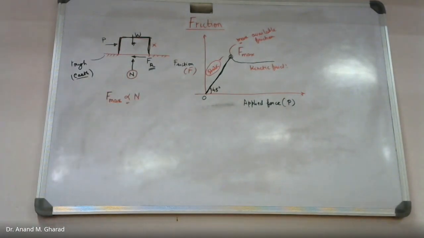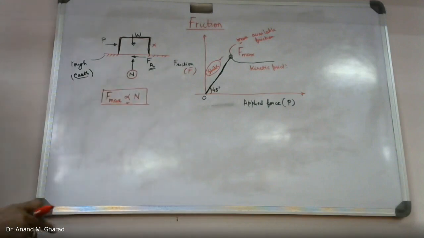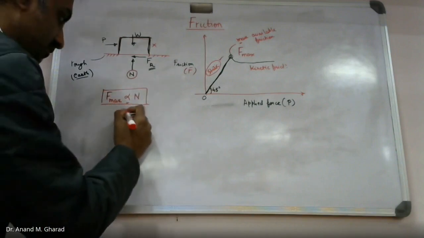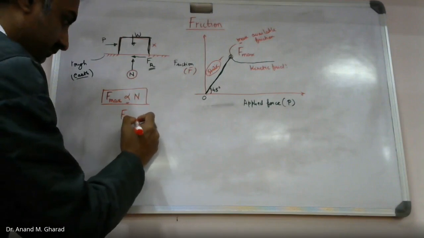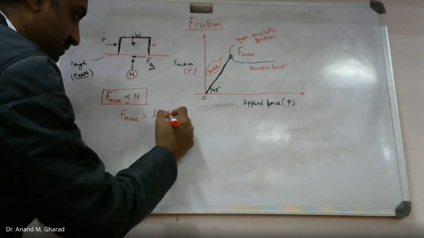As a result, the maximum frictional resistance that may exist is proportional to the normal pressure, and it is expressed in this manner. Or it is also expressed in this term: F max is equal to mu s times N.